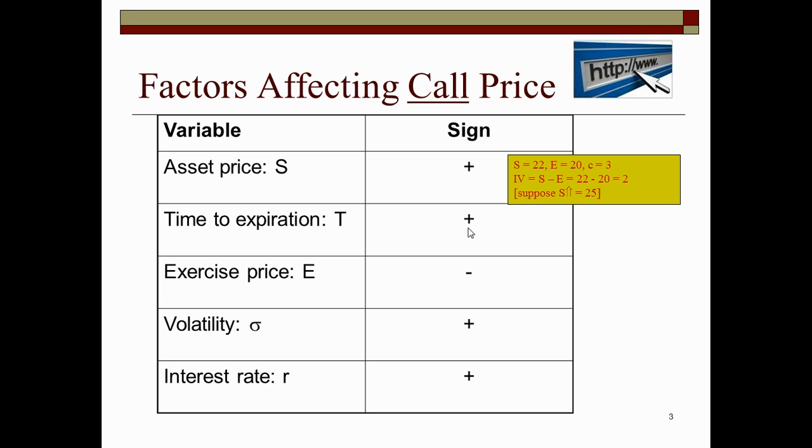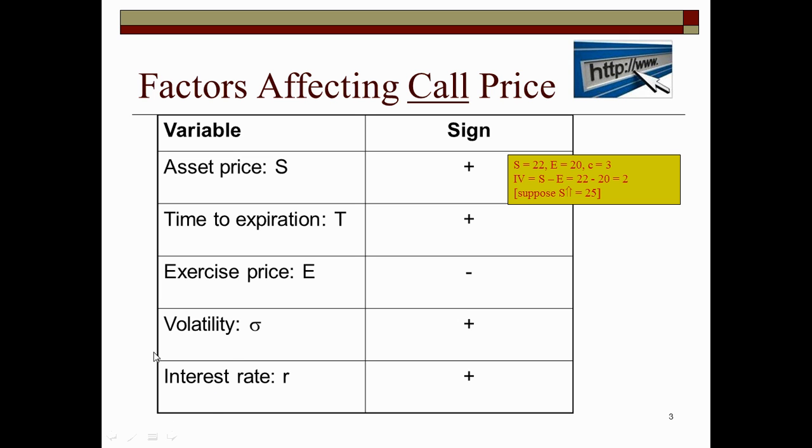And what this simply means is if you have two options, one that expires 1 month from today and the other expires 1 year from today, if all other factors are the same, you would value the option that expires a year from today more, because you do have a full year to hope and speculate and wager on a profitable price outcome. So if you have a longer time to play, then the option is more profitable.